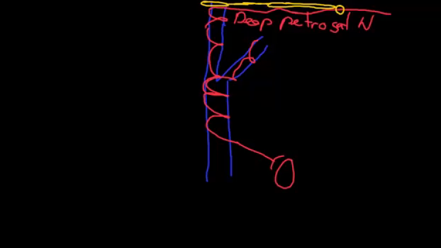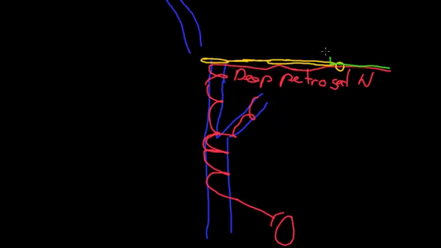In that pterygoid canal, it joins up with the parasympathetic fibres that have come from the greater superficial petrosal nerve, which in the beginning have come from the seventh nerve.